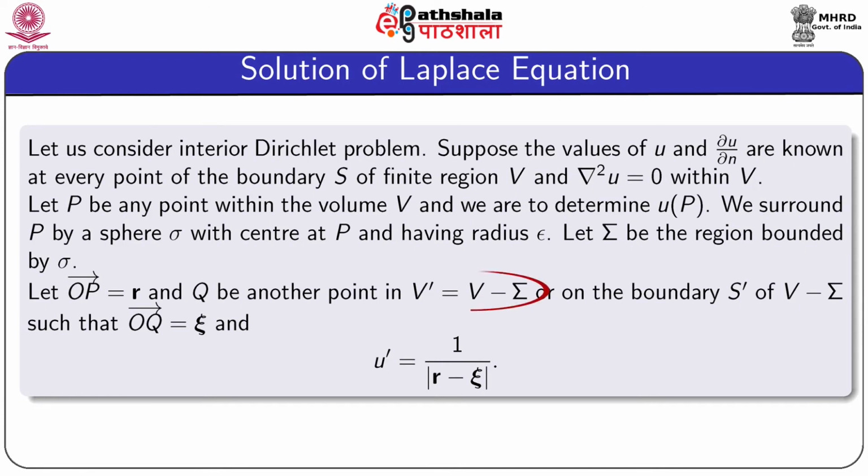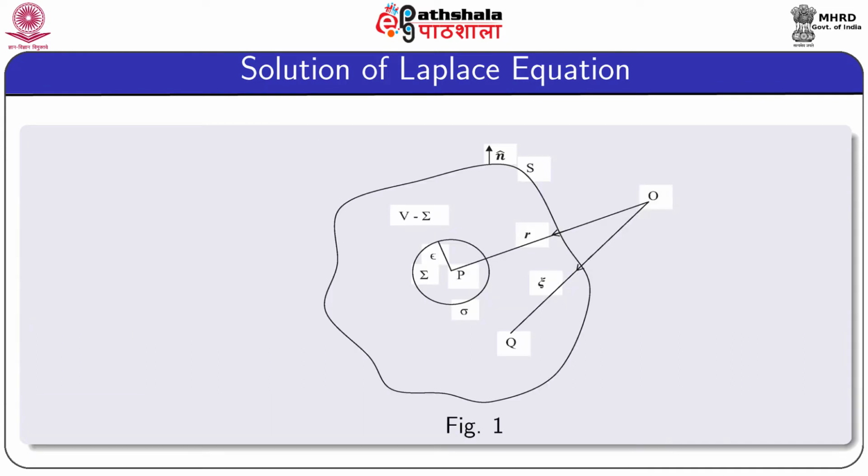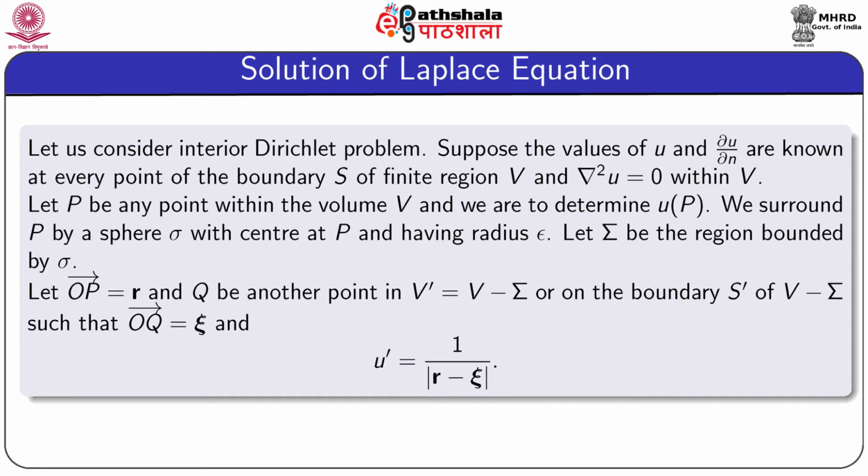And let V dash be the region V minus Sigma, and S dash be the boundary of the region V dash. So basically S dash is the union of S and small sigma, if you see the figure.